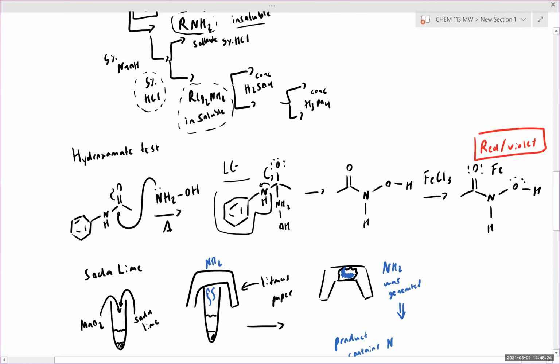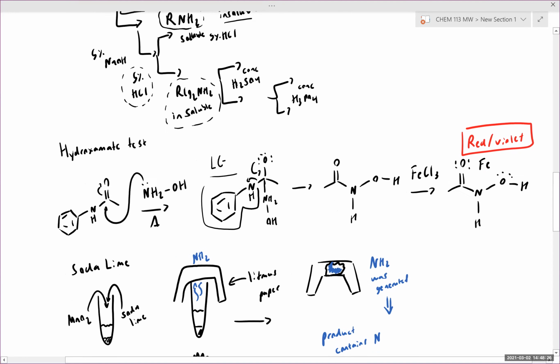For our further chemical tests that we'll be performing for this lab, we're doing the hydroxamate test. The hydroxamate test serves as a critical test for an amide or ester. In this test, we are reacting our amide with hydroxylamine at elevated temperatures.